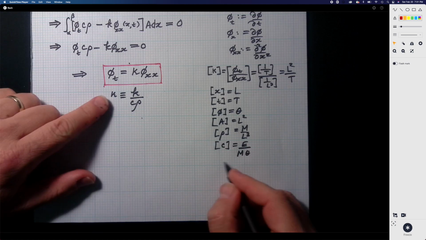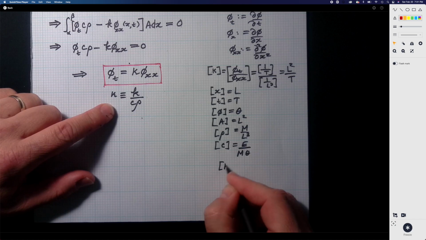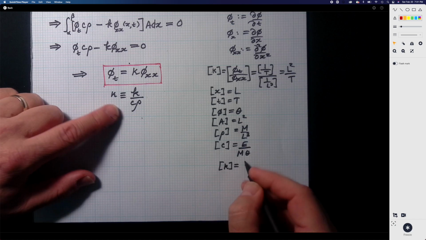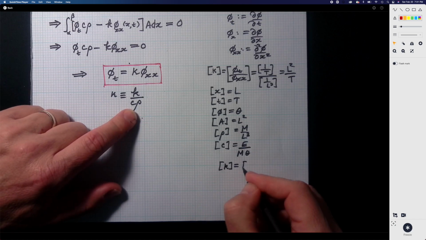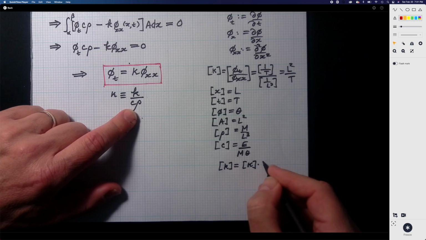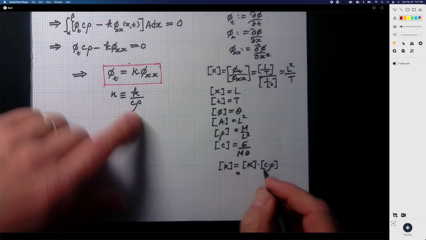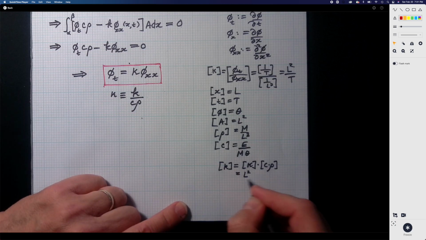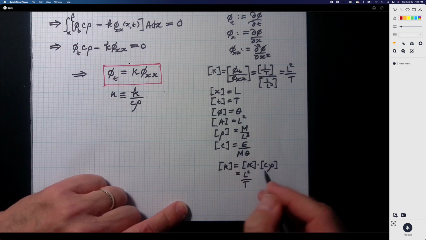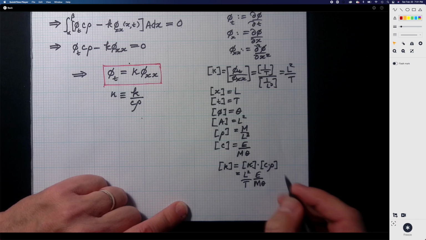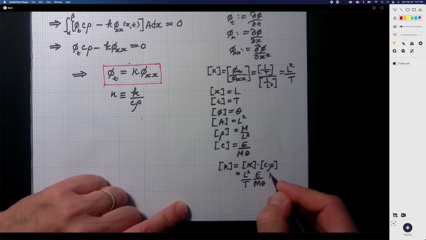And so the dimensions of k, the conductivity, are going to be equal to the dimensions of kappa times the dimensions of c times rho. And kappa has dimensions of length squared over time, c has dimensions of energy over mass times temperature, rho has dimensions of mass per unit volume.